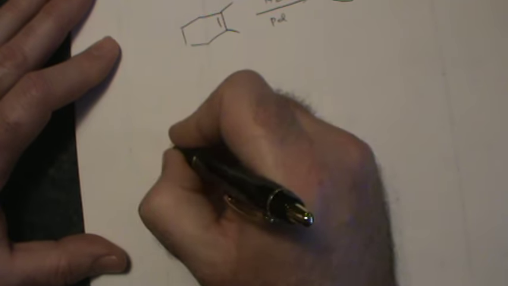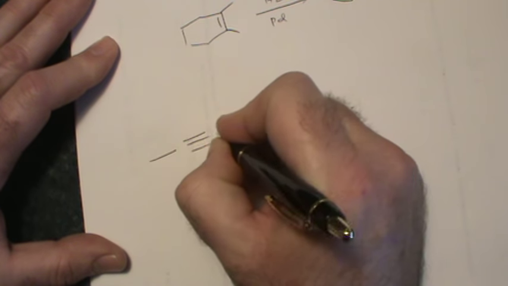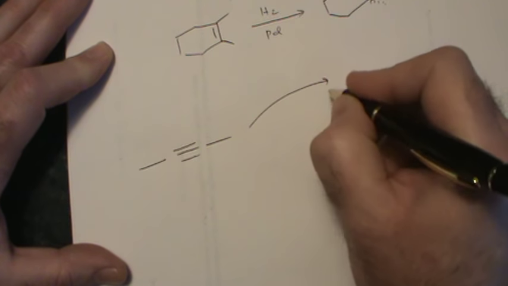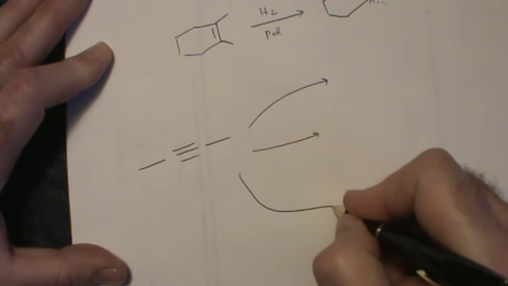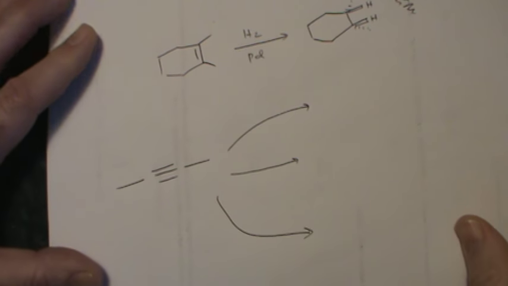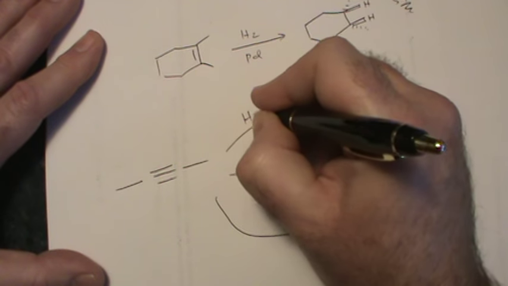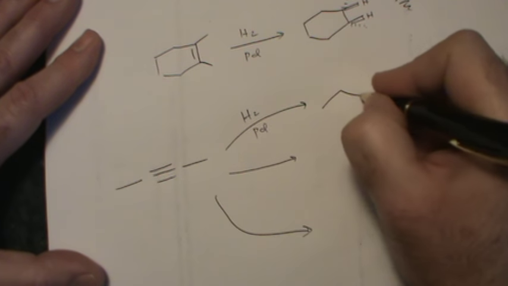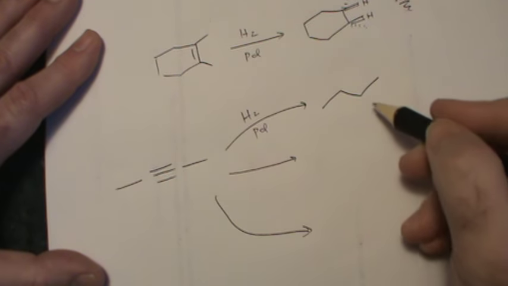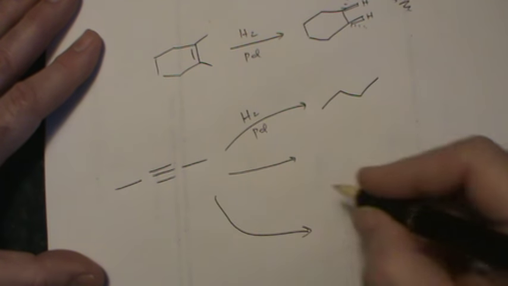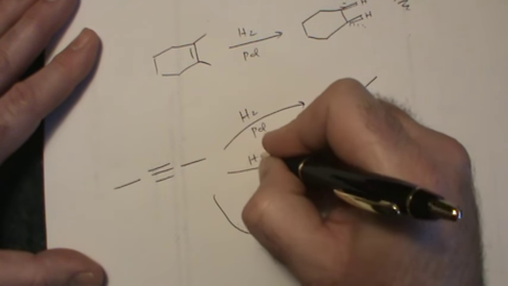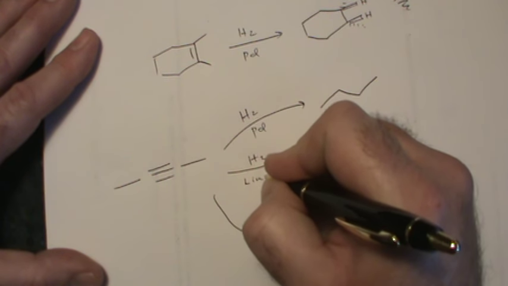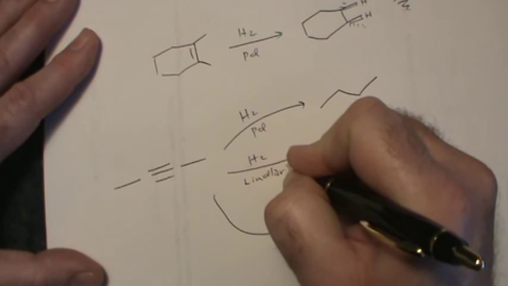And then where alkynes are concerned, we learned actually 3 different hydrogenation approaches. The first is just to run a standard hydrogenation using hydrogen and palladium, and in this case you're going to hydrogenate both pi bonds and go all the way to the alkane. You can slow that second hydrogenation down, in fact stop it, by using Lindlar's catalyst.